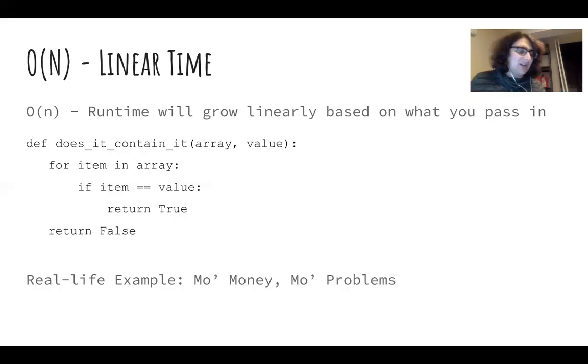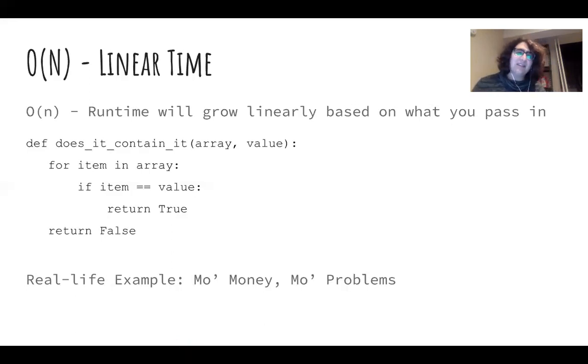But I do want to talk about one thing about big O notation as we're going through this. It's entirely possible in this function that we pass it an array of 50 items, for example, and the item could be the very first value in the array. In that case, it doesn't take very long to run at all. But it could also be the very last item in the array, or not be in the array at all.